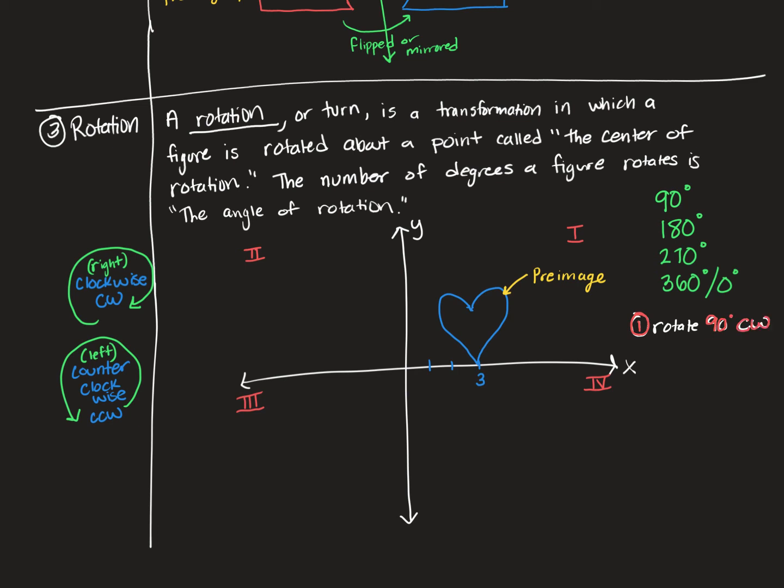That means my shape will now be in the fourth quadrant. If I rotate my shape 90 degrees clockwise, my shape will now look like this. And you guys can't see, but I'm actually turning my iPad so that I can draw this a little better. That's what my shape is going to look like now. And it's going to be at -3 on the y-axis.